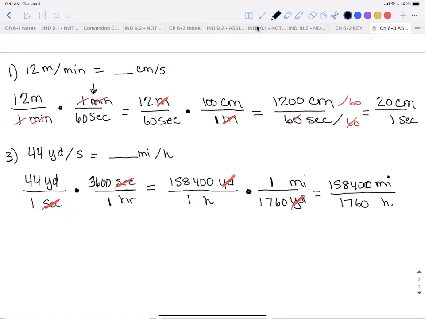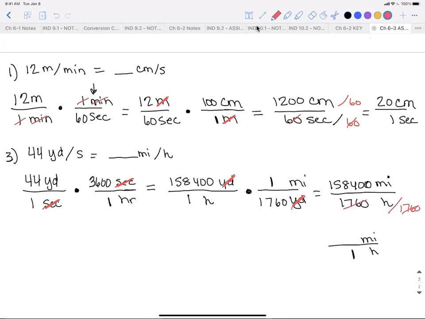Hours. Now, I'm almost there because my answer needed to be miles over hours. I've got miles over hours. I'm great. I just need this to be a 1, right? So to get the hours to be a 1, you always divide by itself. So that means I'm going to divide this side by 1760 to make this and this cancel to a 1.